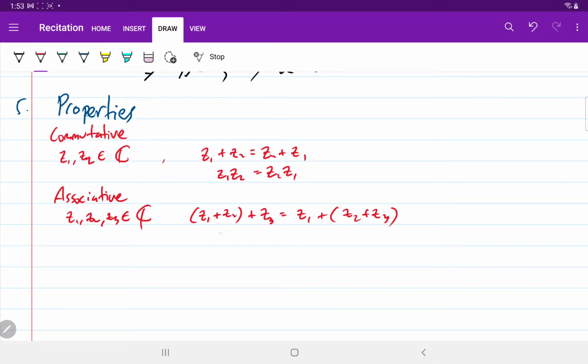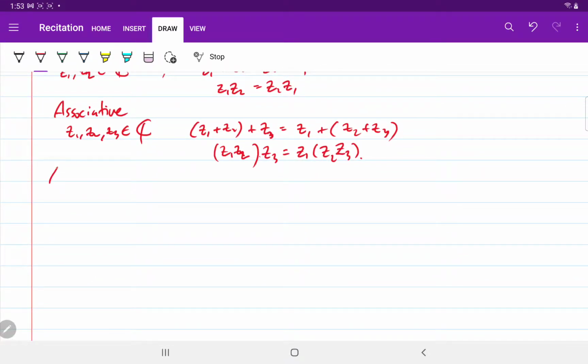The same with multiplication: z1 multiplied by z2 and then multiplied by z3 gives the same result as z1 multiplied by the product of z2 and z3. So we also have associativity for addition and multiplication.